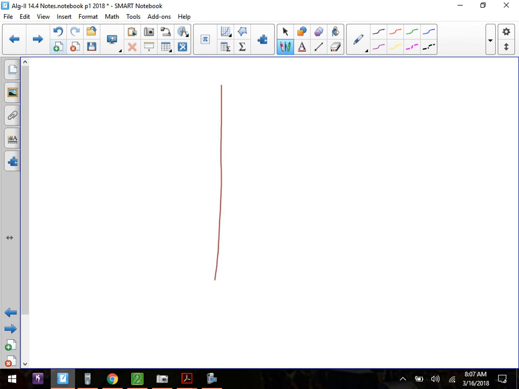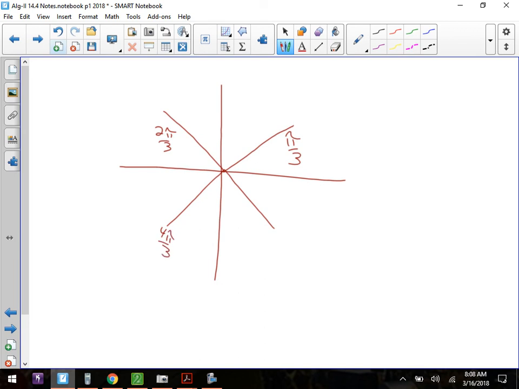So if you have, if this is pi over 3, this would be 2 pi over 3, 4 pi over 3. If you have all 4 pi over 3s, they're not equidistant to each other, but these two are how far apart?